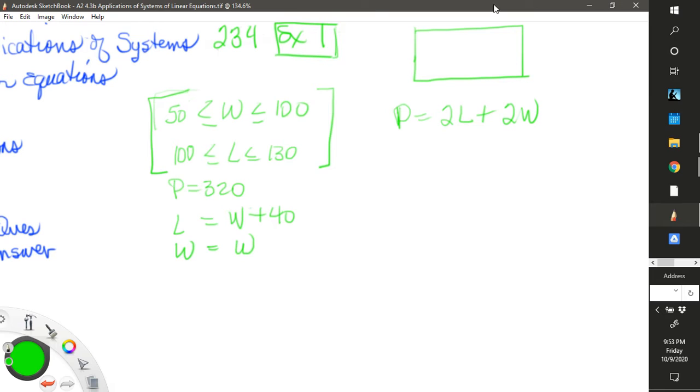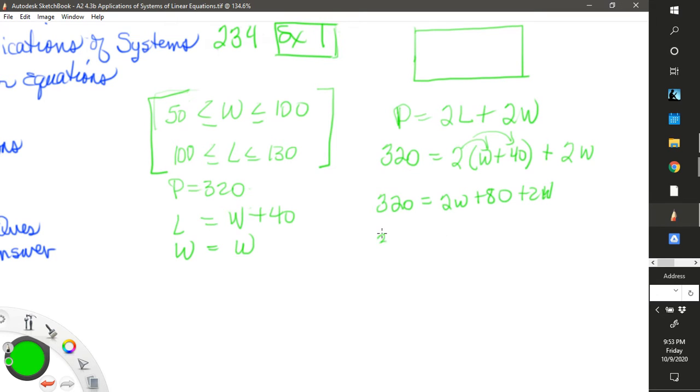And I can now sub in 320 for perimeter, 2 times the length, and my length is W plus 40, plus 2 times width, and width is W. So then that turns into 320. Distributive property would be a 2W plus an 80 plus a 2W.